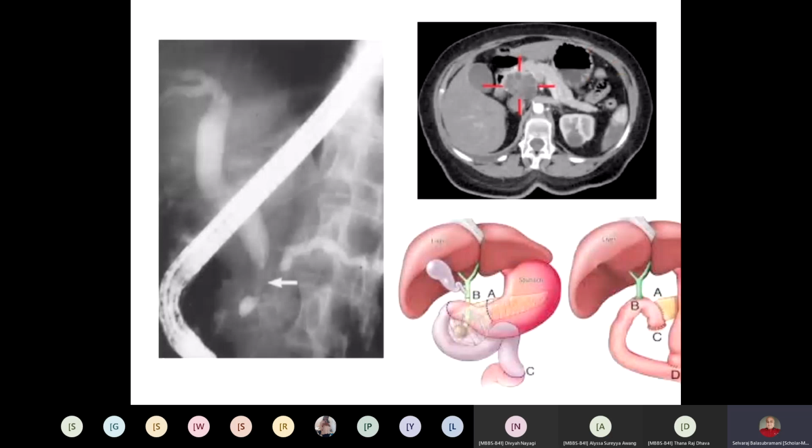There is a mass there. That mass is compressing both the CBD and the pancreatic duct. So you are injecting the dye. The dye can go, but there is a gap you can see. This is extrinsic compression in that area. If you see a dual duct sign like this, that is a characteristic feature of carcinoma of the head of the pancreas.